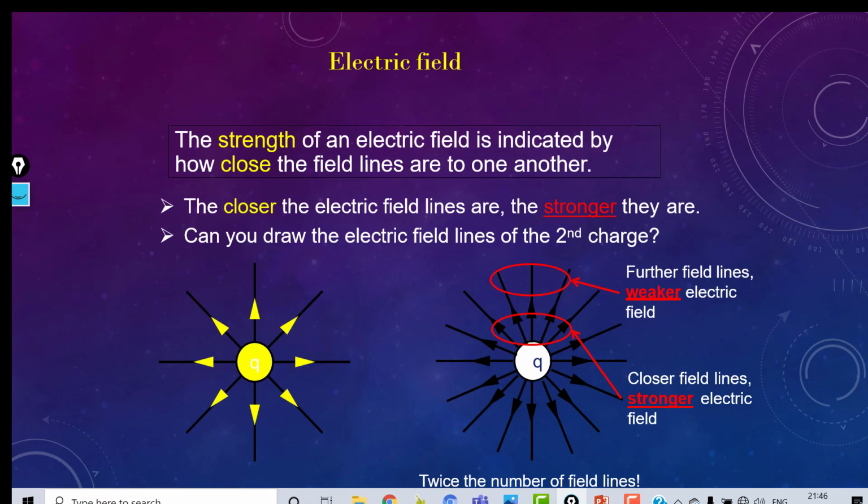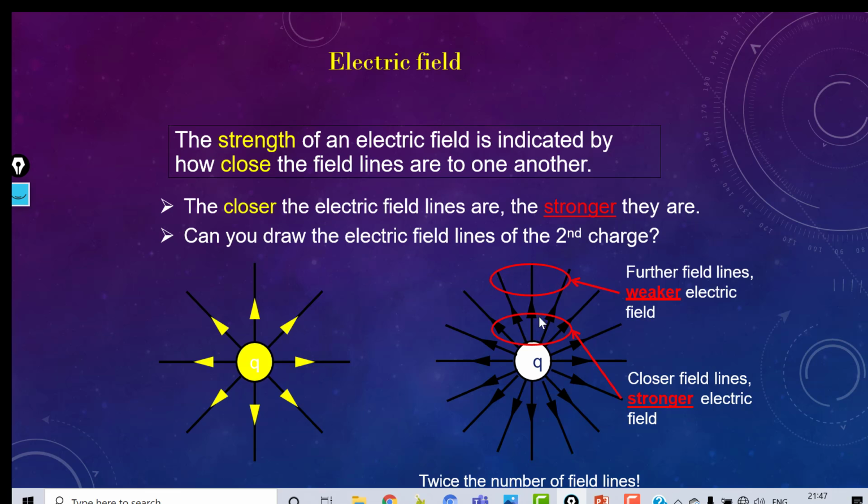The strength of the electric field is also indicated by how close the field lines are placed to one another. For example, if I see this charge Q, then in this region the field lines are very close to each other, but at this outer side the field lines are going away from each other.